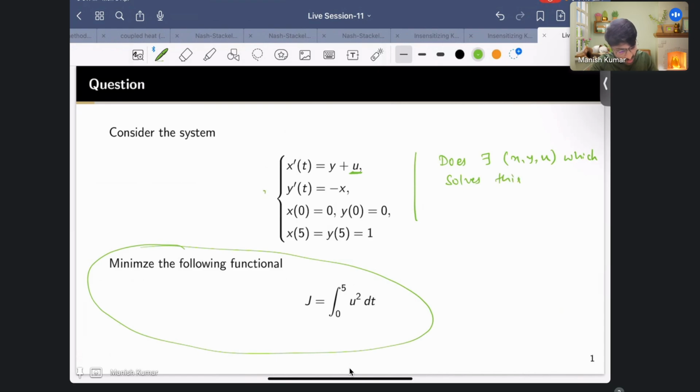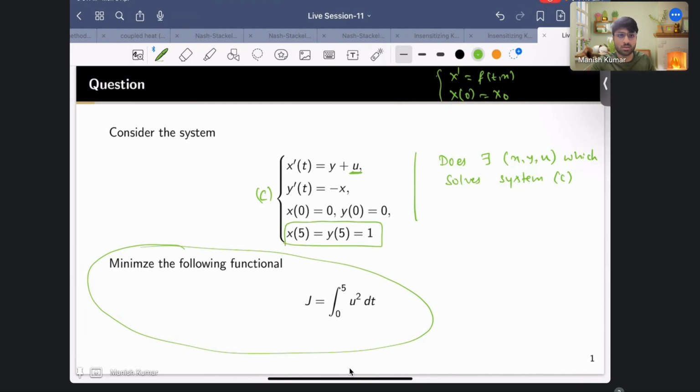Let me call this system C. Generally, if we have been given some ordinary differential equation with some initial data, this is the kind of system we have studied, how to solve this ODE, even for the non-linear one. But over here there is an extra condition.